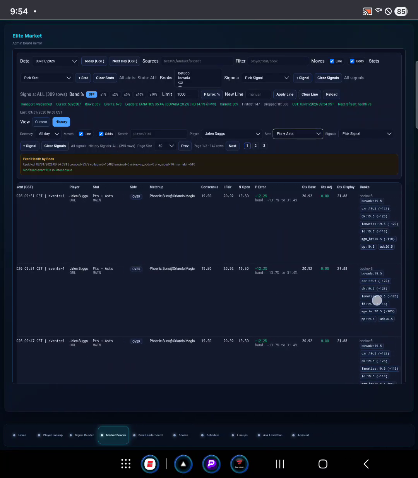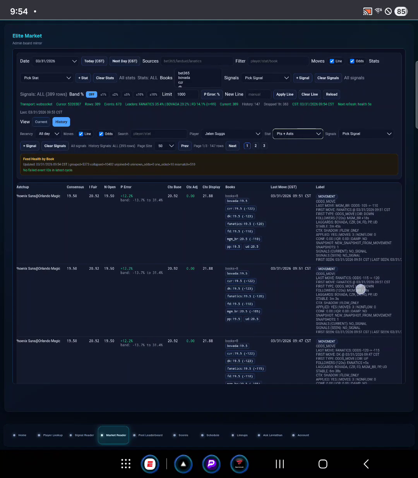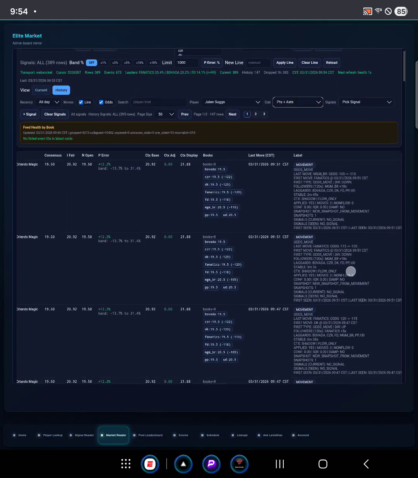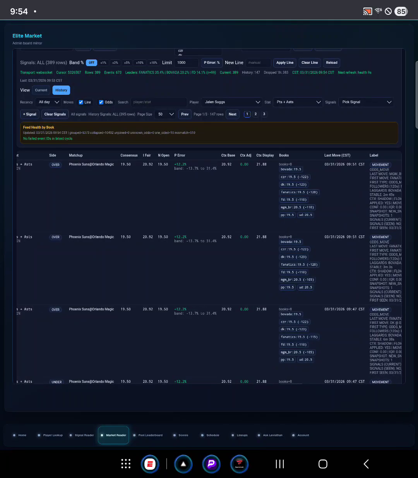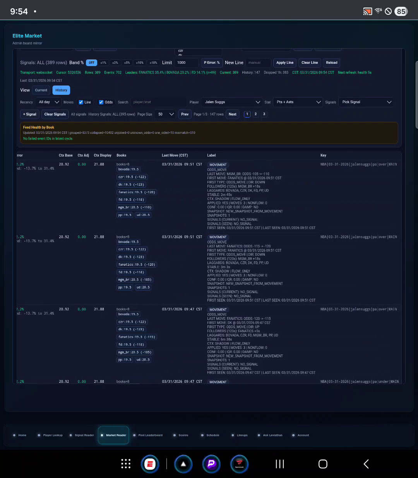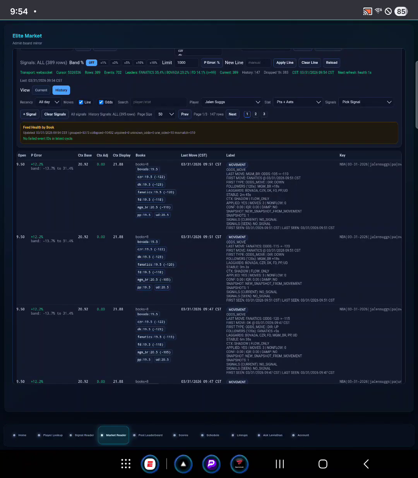But you come to this one right here, and you see a lot of first move Fanatics, and then MGMBR, which is Bet MGM. You see how it follows afterwards, and it just might be odds change, but odds change are pretty much what's gonna define sharp movements as well.